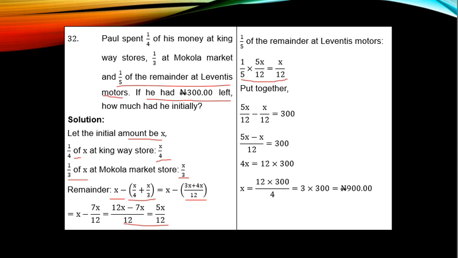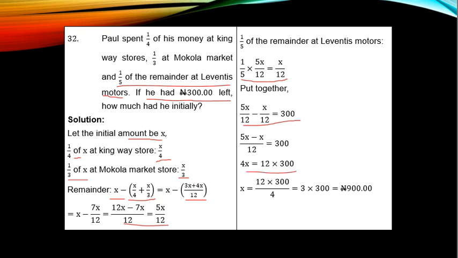The amount he spent from the remainder is S/12. That gives us this equation. If you simplify the left hand side, you have (5S minus S)/12 equal to 300. So 5S minus S is 4S, equal to 12 times 300 when you cross multiply.